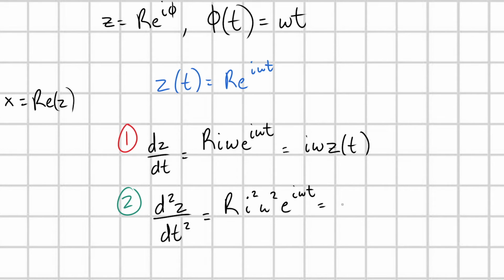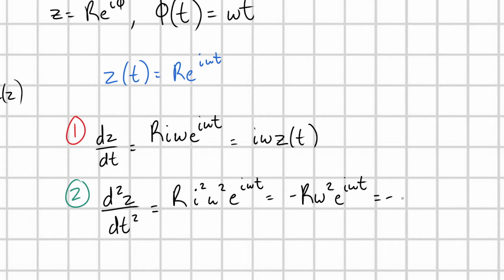So this is minus omega squared e to the i omega t. And of course we can rewrite this, making sure our substitution is feeling good, that r times e to the i omega t is z. So this is minus omega squared z as a function of time.